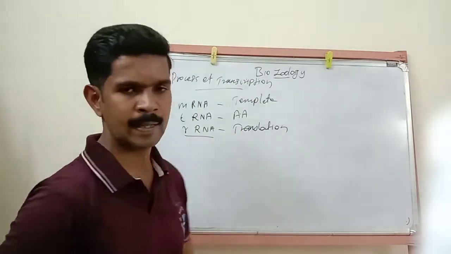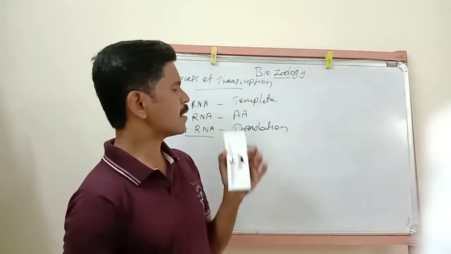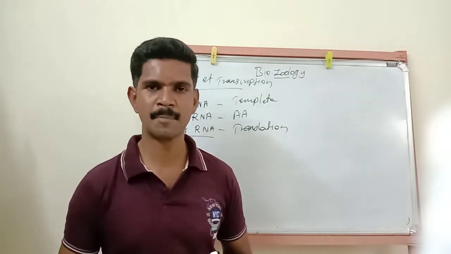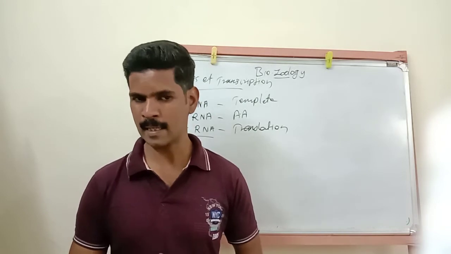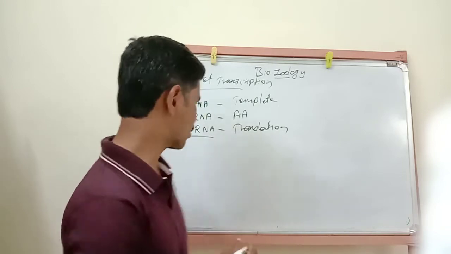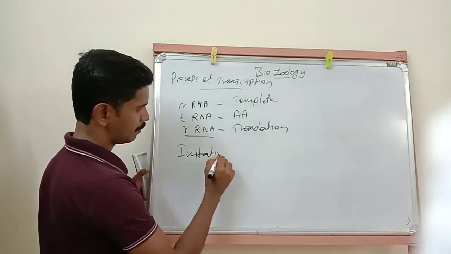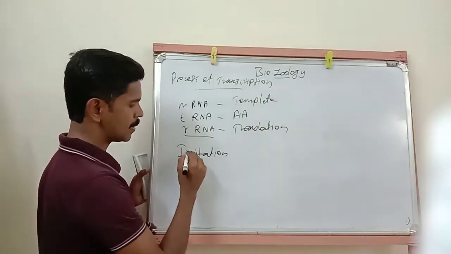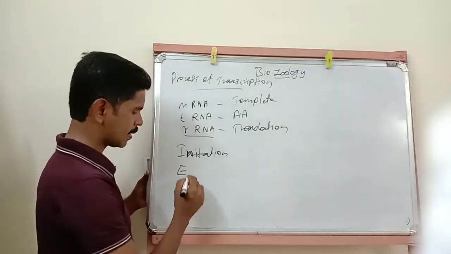Then, listen to the next point. This transcription process takes place in three steps. The first step is called initiation. The second step is called elongation.